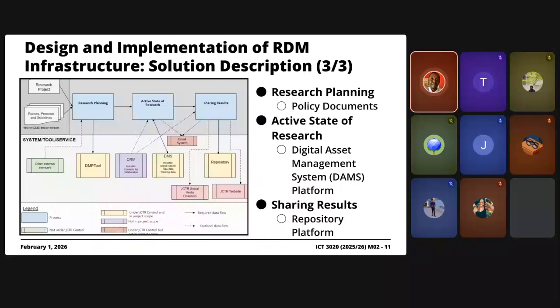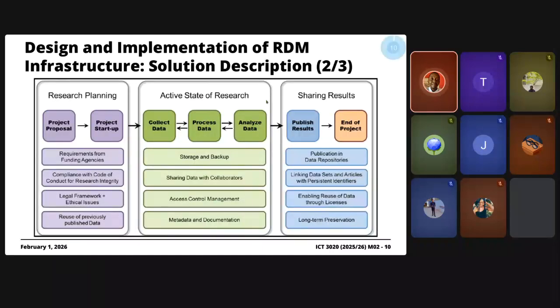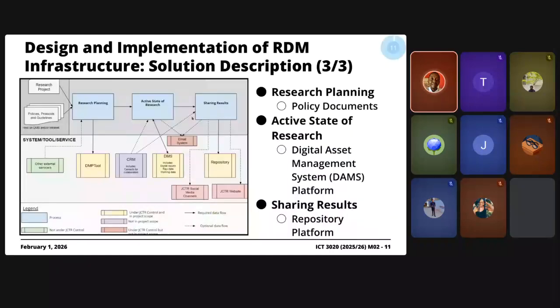What's perhaps crucial here is an appreciation of the fact that we are mapping these three phases we introduced as research planning, active state of research, and sharing results, one, two, three, to specific software platforms that would handle all activities associated with that particular phase.